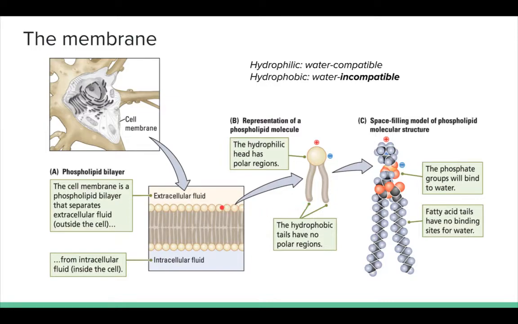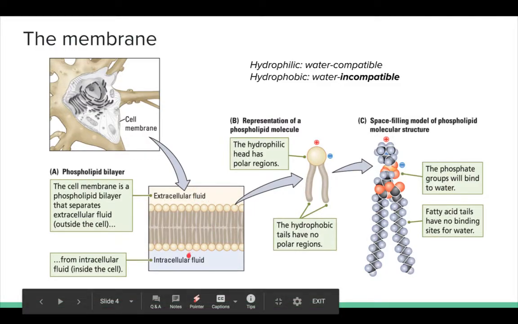And when they're arranged in the bilayer, the hydrophilic heads are arranged either to be facing the extracellular fluid, the aqueous, watery environment of the extracellular fluid, or to be facing the watery environment of the intracellular fluid, and the hydrophobic tails are aligned up next to one another.